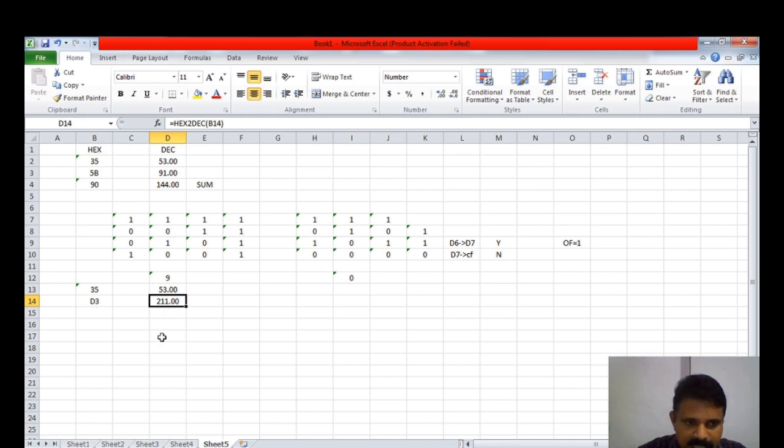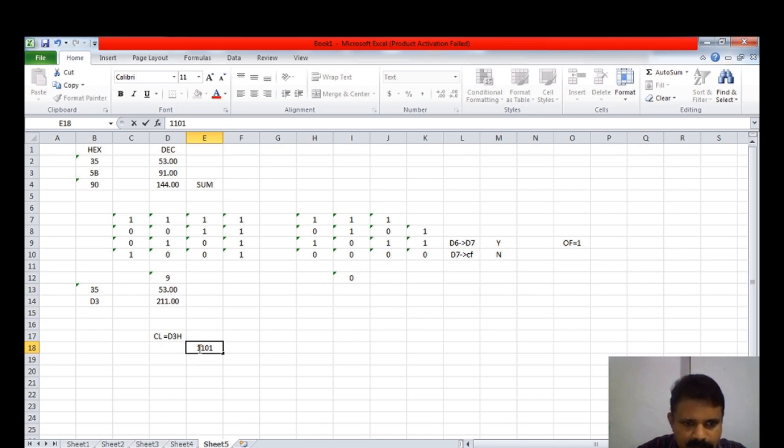An 8-bit register, say CL, is equal to D3H. What is the meaning? In unsigned arithmetic, this is okay, but in signed arithmetic, this represents some negative number. See the MSB. What is the pattern for D? It is 1101, isn't it?